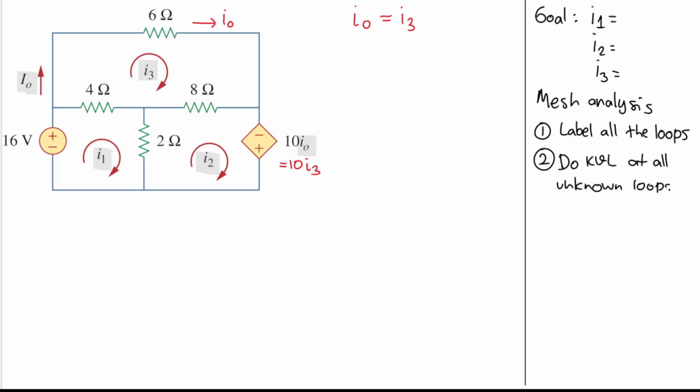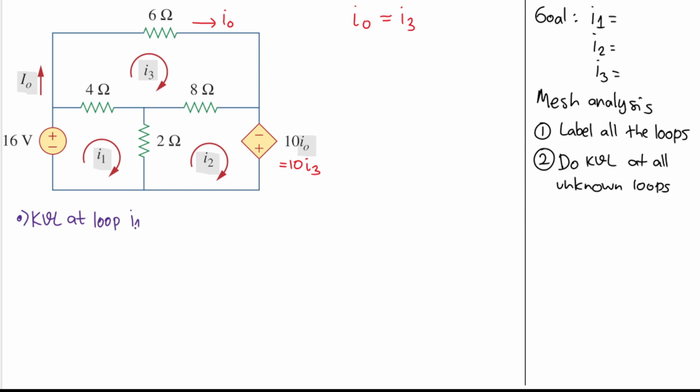In our case here, all the loops are unknown. I1 is unknown, I2 is also unknown, and I3 is also unknown. So we need to do KVL on I1, I2, and I3. Let's do exactly that. We will have KVL at loop I1.